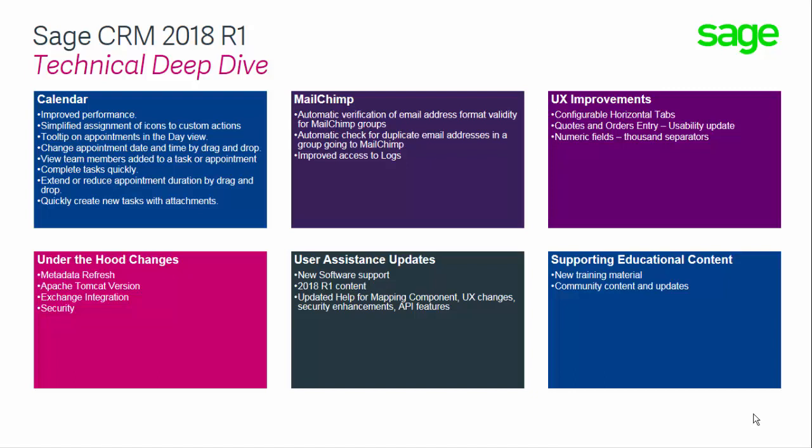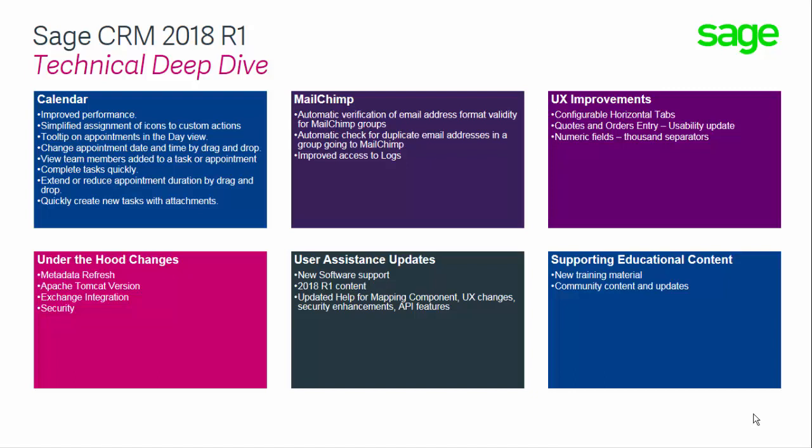Exchange integration has seen some improvements along with security enhancements. And these changes, along with more customer issues being addressed, means that Sage CRM continues to provide a better customer experience with each release. And it's worth discussing just one of these areas that have seen considerable changes recently.